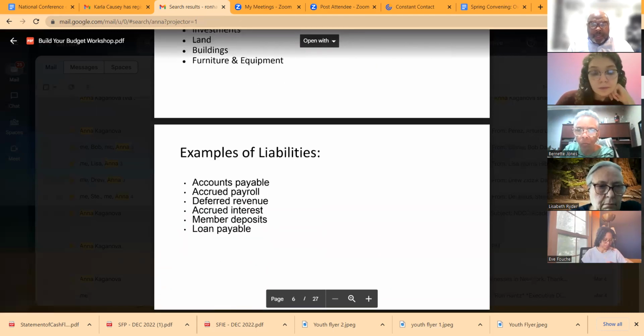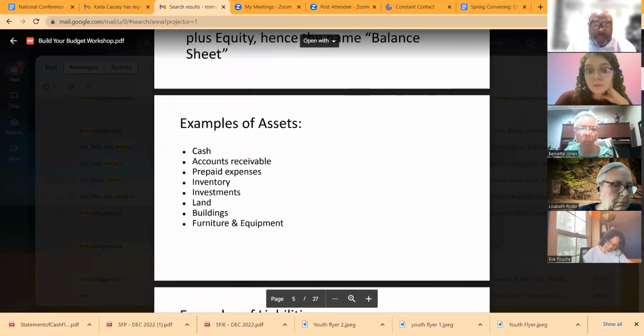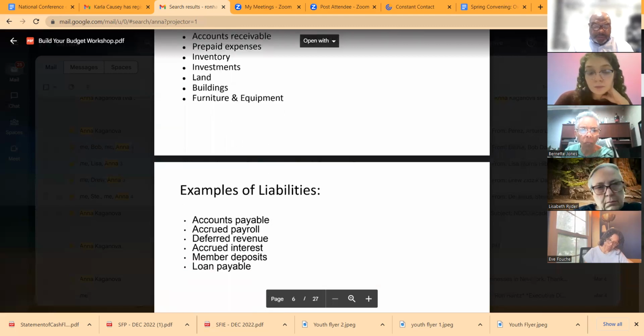Examples of liabilities are accounts payable, accrued payroll, deferred revenue, accrued interest, member deposits, loans payable. Can you think of any other examples of assets or liabilities?